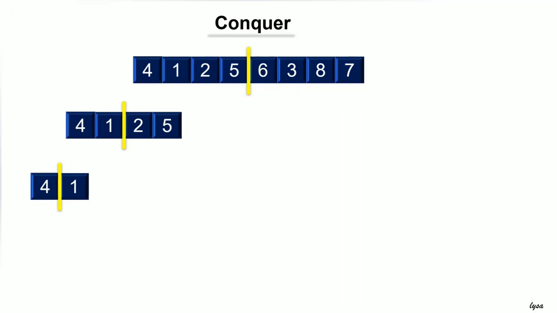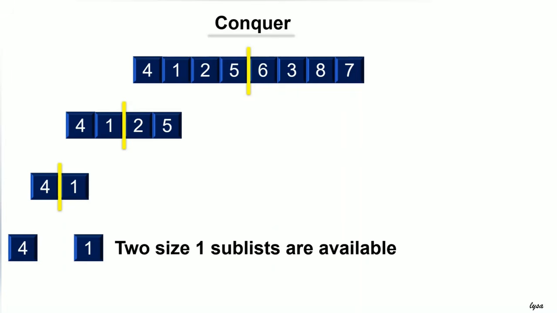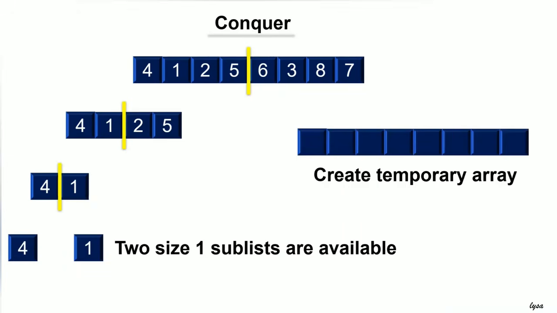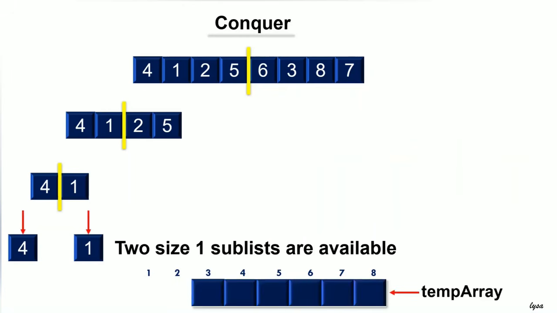Let me conquer it. So to conquer it, I take 4, I take 1, and now the two sublists of size 1 are available. I will first create a temporary array, which is initially an empty array. Now, in the temporary array, in the first position, I need to fill it. I have two pointers.